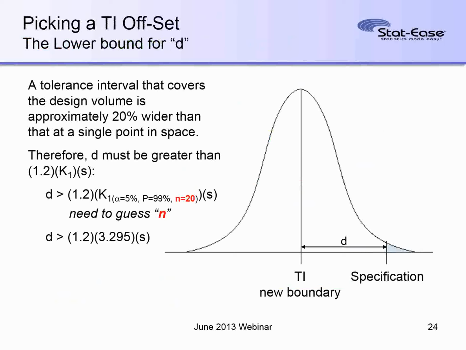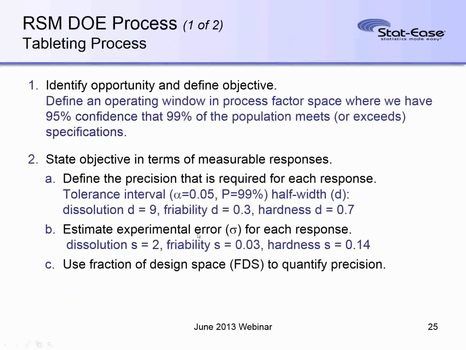You can use that K2 or the K1 table in this case for a one-tailed interval and multiply the resulting tolerance interval for a single sample by 1.2 to get what your tolerance interval for a designed experiment would be. You kind of sort of need to guess at how big your sample size would be before you build your experiment.